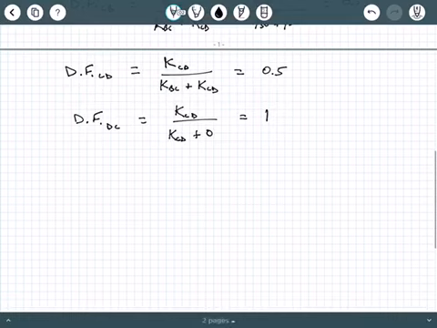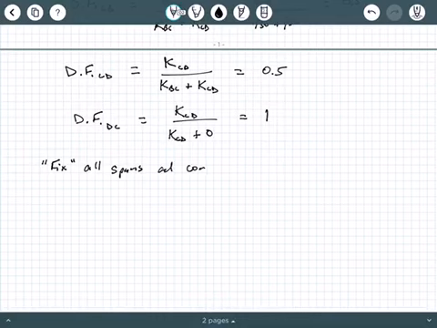Okay, the next thing we're going to do is we're going to quote unquote fix all spans and compute fixed end moments as if each span was fixed. So I'm going to crank this through kind of quickly.